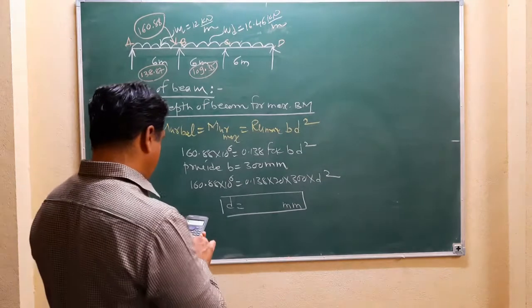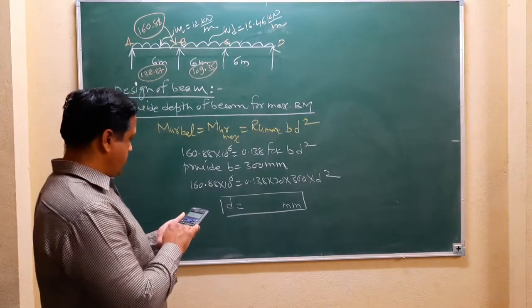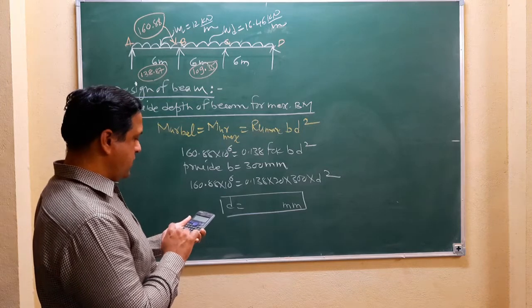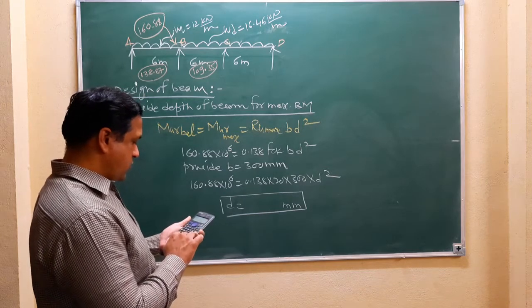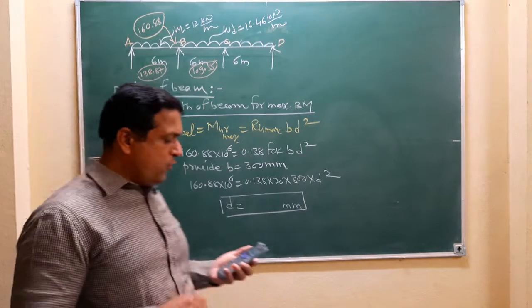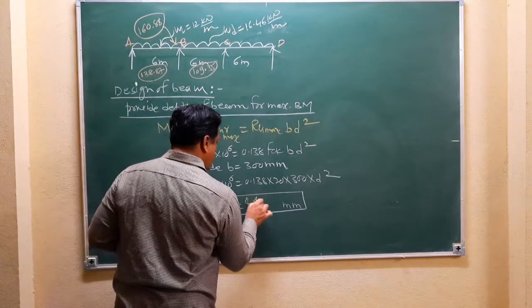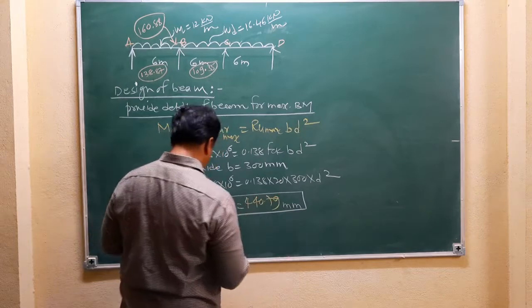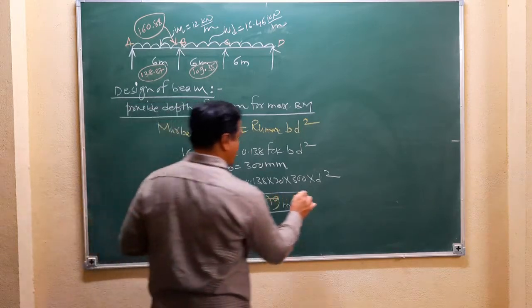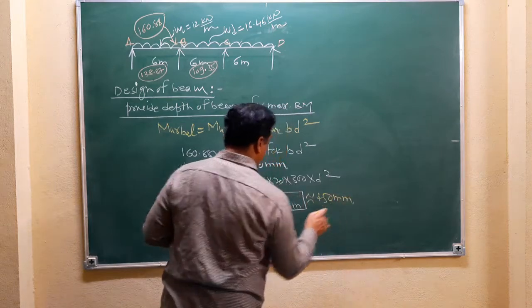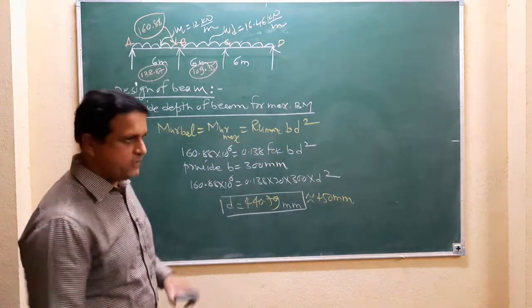I will calculate: 160.88 into 10 raised to 6 divided by 0.138 into fck 20 into 300, under root. It is 440.79 mm. So say 450 mm effective depth of the section.